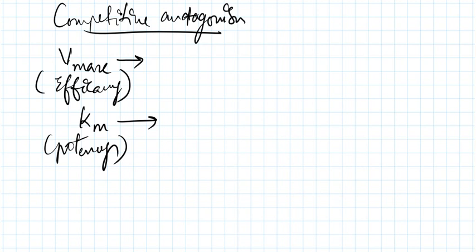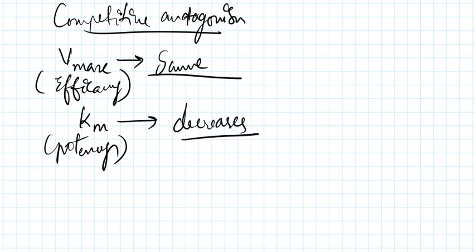Now what happens in competitive antagonism? Efficacy remains the same, which means Vmax remains the same. But potency decreases, so Km changes. Vmax remains the same because efficacy in competitive antagonism remains the same.